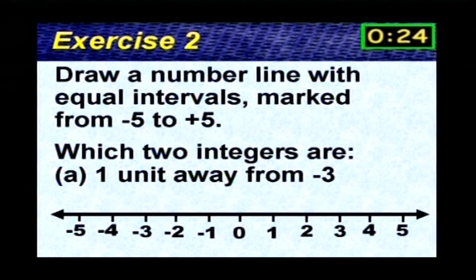So 1 unit away from 3, that means you will have 1 dot here and 1 dot here, away from 3 on both sides.